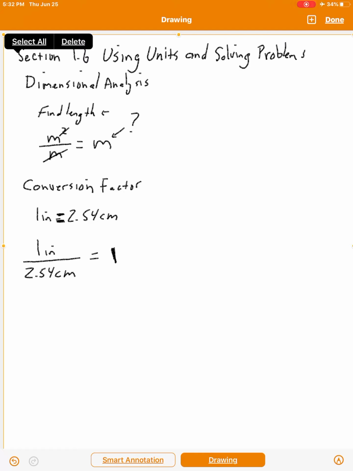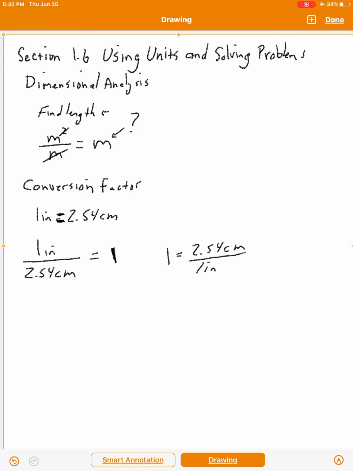Likewise, we could have divided both sides by inches. Had we decided to do that, we would have 1 equals 2.54 centimeters divided by an inch, right? Now 1 is on the left side because 1 inch divided by 1 inch is 1. And then we can use these conversion factors in order to do calculations.